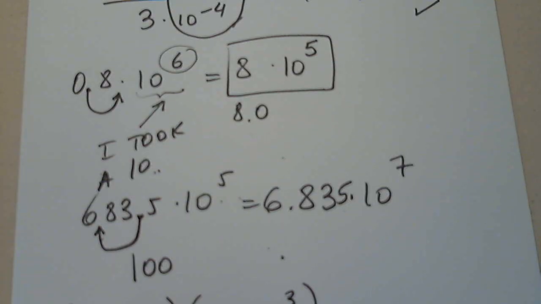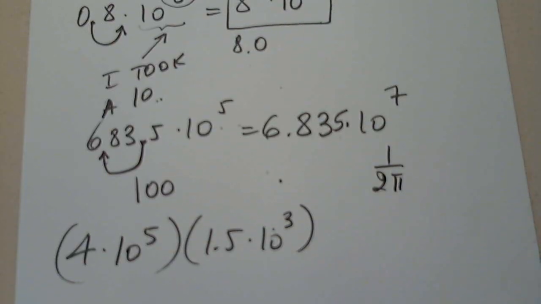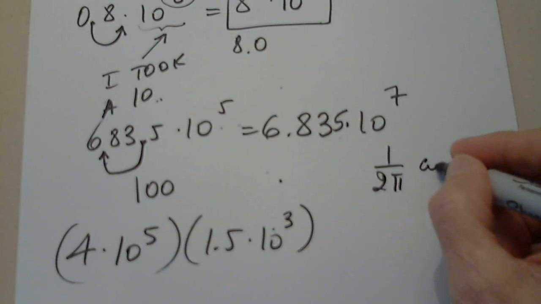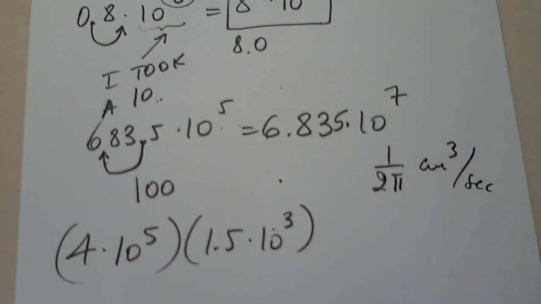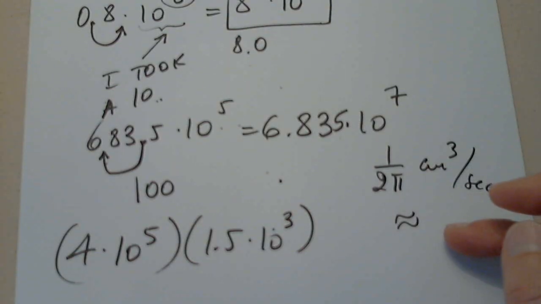Well, it depends on the problem. The answer is yes. It depends on whether we are asked to approximate the answer. More like a physics type of problem. So for example, if they want an exact answer, let's say 1 over 2 pi is the exact answer, in cubic centimeters per second, then I may be asked to approximate it.